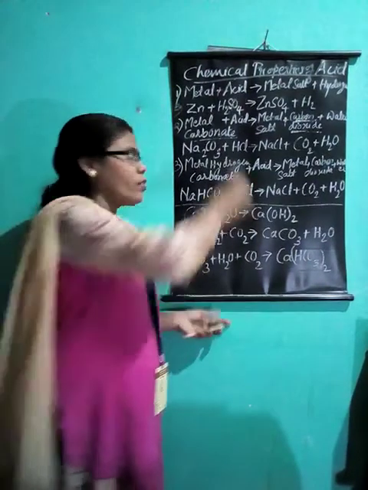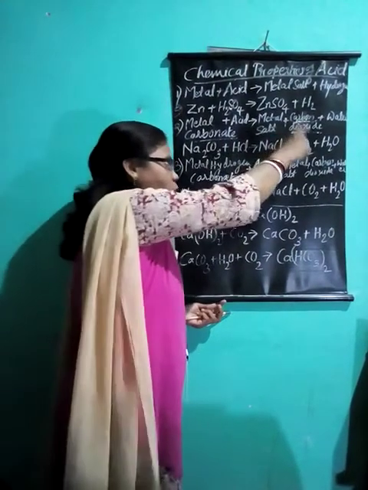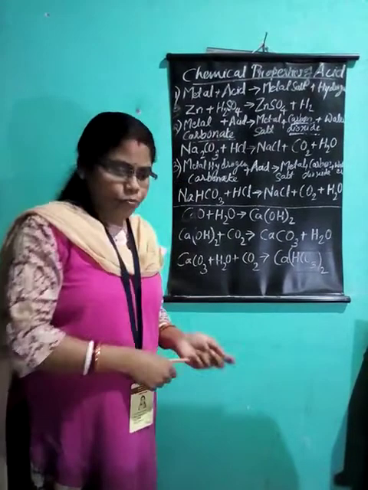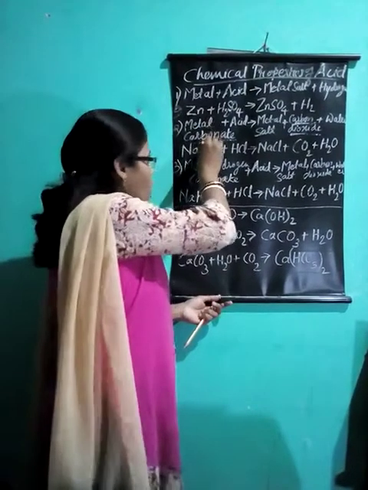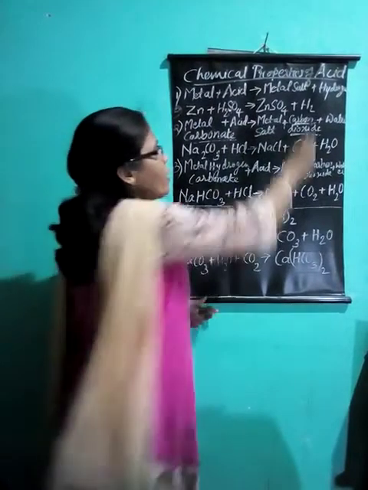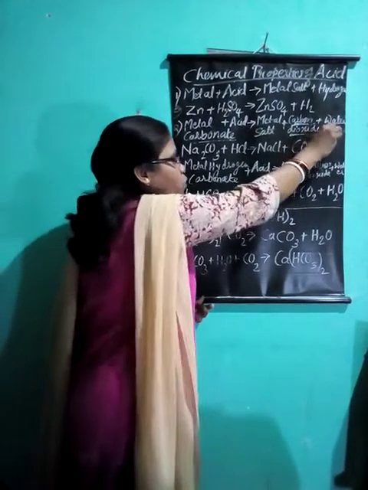Whenever you have carbonate, you should have carbon dioxide. When you have carbon dioxide, you will have carbonate. It is sure. So when metal carbonate reacts with acid, metal salt is obtained with carbon dioxide and water.